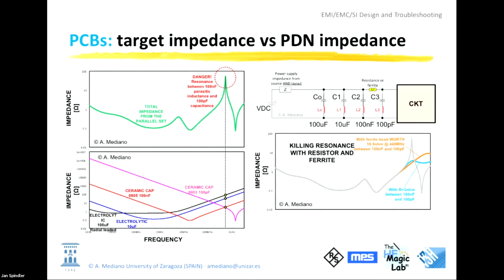You can try to solve the problem introducing some impedance between the elements that are resonating, ferrite, a resistor, so you try to damp the peak. But some people don't like to introduce impedance in the VCC line, no? Is it good or is it bad? I don't know. In my experience, I have not experienced problems introducing this small ferrite bead.